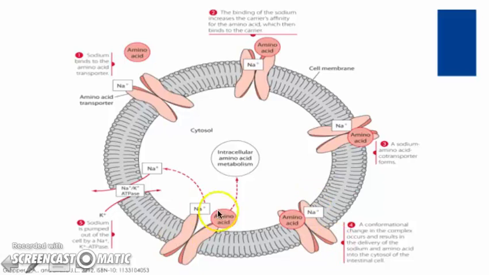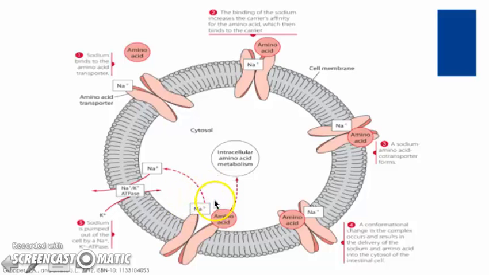You can see how most of these carriers are sodium dependent, and you see here how the binding of sodium increases the carrier's affinity for each amino acid. So we see first the sodium binding, and then it increases the affinity of the amino acid, and then we have the amino acid being absorbed through the carrier into the enterocyte.